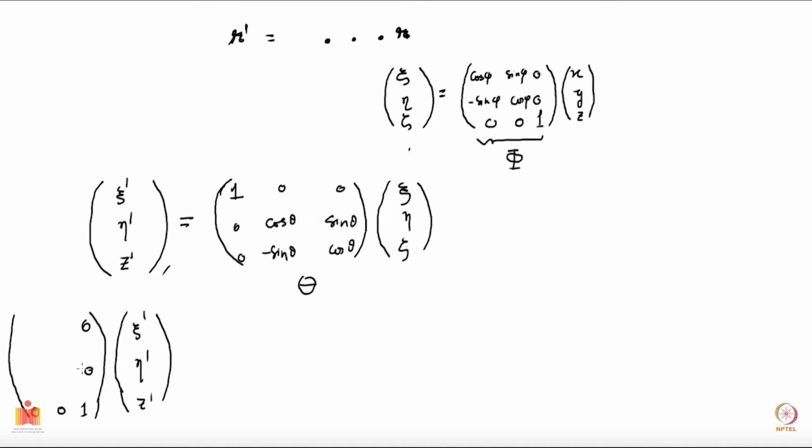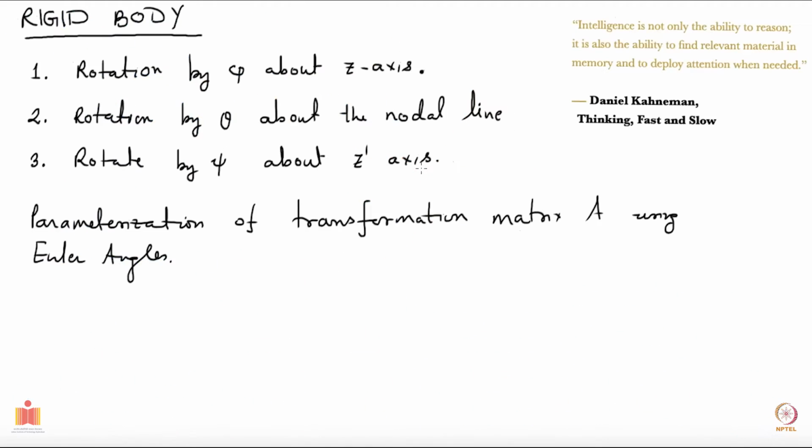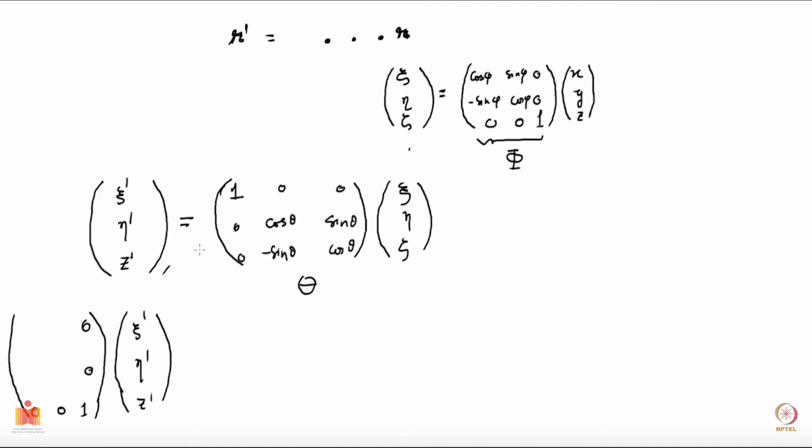Okay, and what is the angle of rotation? Rotation angle is psi, so this rotation is going to happen here, and let me write down cos of psi, sine of psi, minus sine of psi, cos of psi, and I will call this matrix psi.